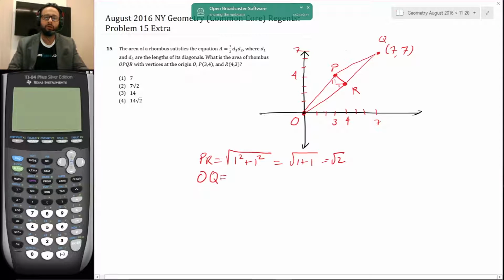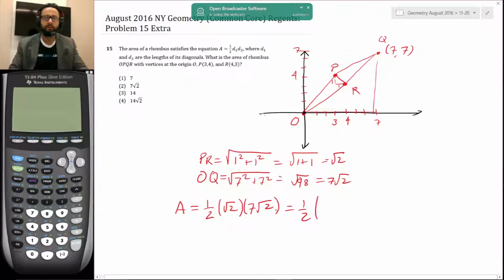OQ is equal to the square root of 7 squared plus 7 squared, which is the square root of 98, which is equal to 7 radical 2. So the area of this rhombus is equal to 1/2 radical 2 times 7 radical 2, which is equal to 1/2. Radical 2 times radical 2 is 2, so 2 times 7, and so that's equal to 7. Okay, so that is in fact the area.